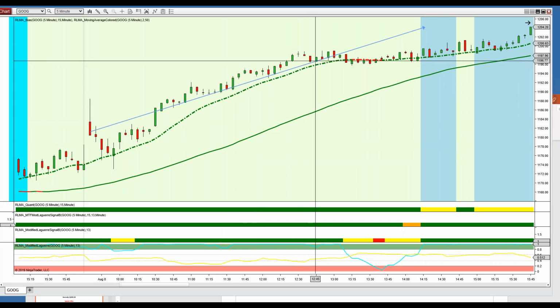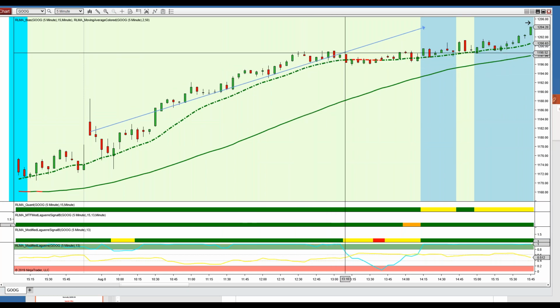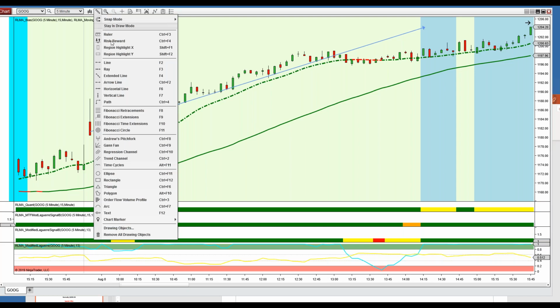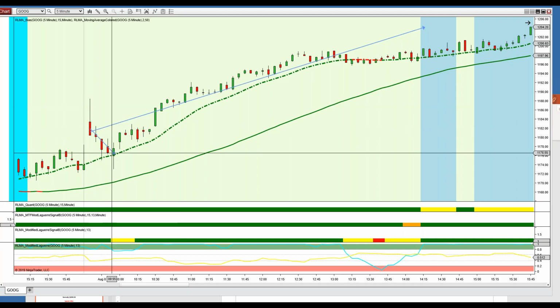Now, if you use this to day trade options, you can make a lot of money. If you catch this pullback to support right here, and then a move up, I'm going to scale it.